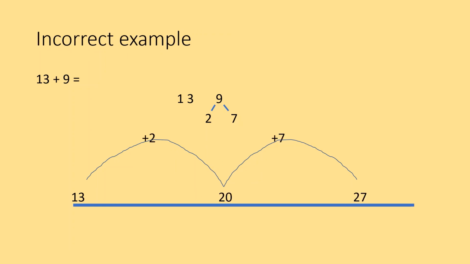Now my favourite of these, however, is the incorrect example, because this is where Mr. Bell, or Mr. B, looks silly in front of the children, and they get the opportunity to show me how clever they are. So 13 add 9, so we need to do some partitioning, right? So 13 and 7, that's a partition, and 2's left over.